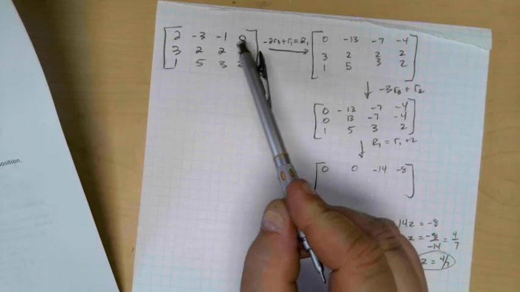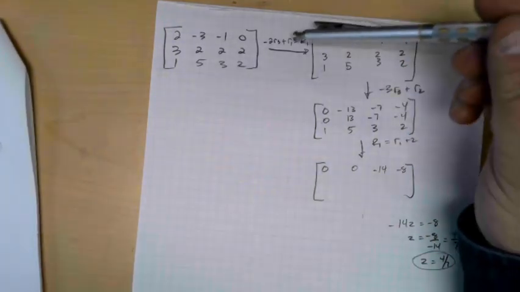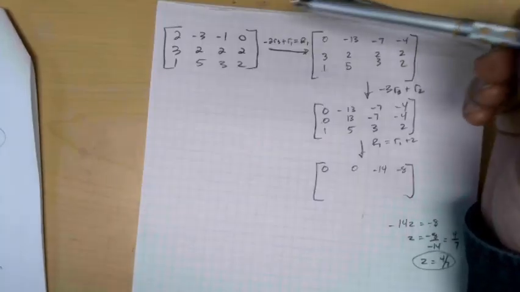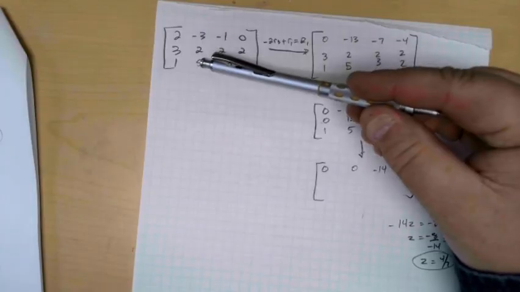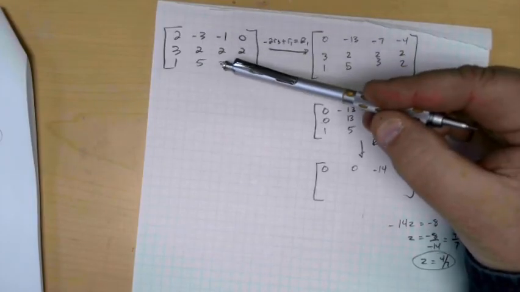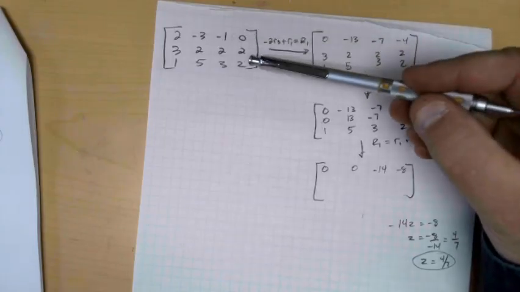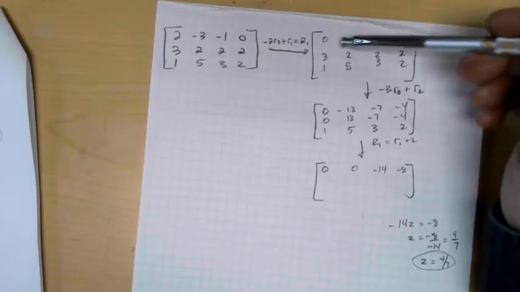Check. -1, 2, 3, 0, 2, 2. Okay, that's good. And then I did -2 times this plus the first row. -2 plus 2 is 0. -10 minus 3, -13. -6 minus 1, -7. -2 times 2 is -4 plus 0 is -4. Okay, check. So that worked out.